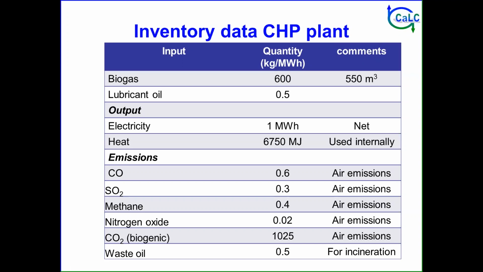The reason is that it was recently taken from the atmosphere during the growth of the biomass through photosynthesis, and hence it is just being released back into the environment. It is different in the case of fossil fuel, because that took several thousand years to sequester from the atmosphere, and once we release it, it can't be sequestered again so quickly. So that's why we have to specify whether it is biogenic or not.